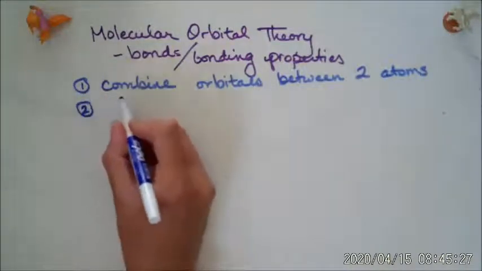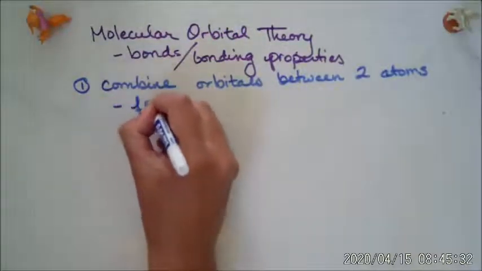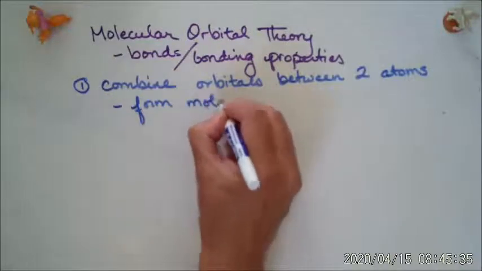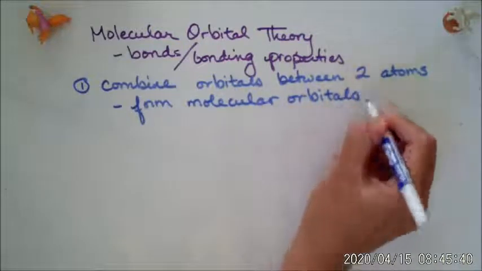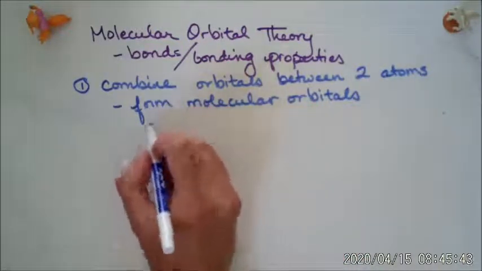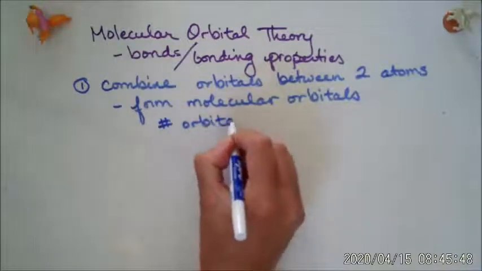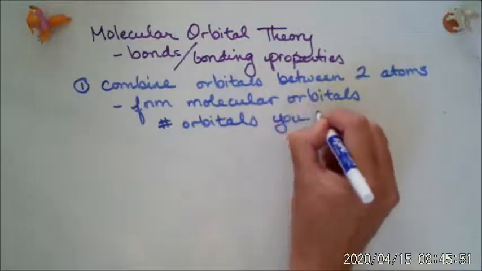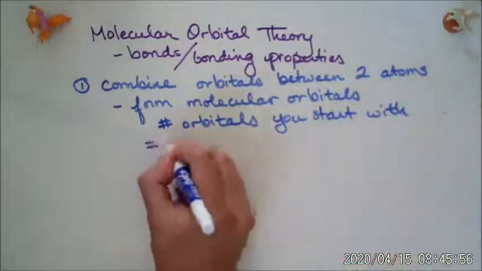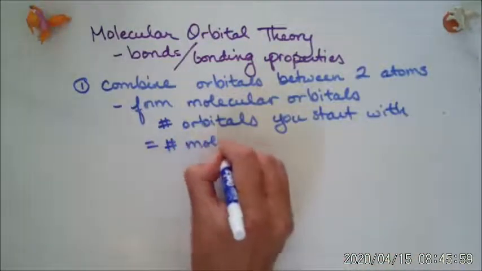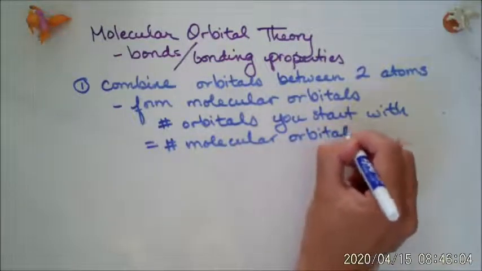After we come up with our new molecular orbitals, and these are going to form molecular orbitals, okay? And just like if you start with two orbitals, you end up with two orbitals, remember the number of orbitals you start with should equal the number of molecular orbitals you form.